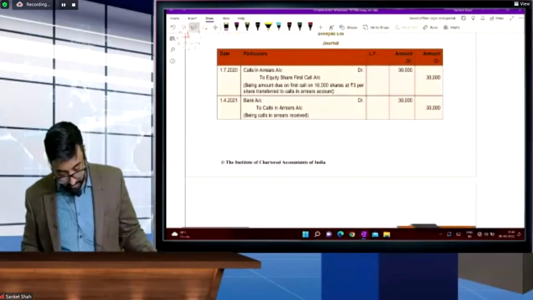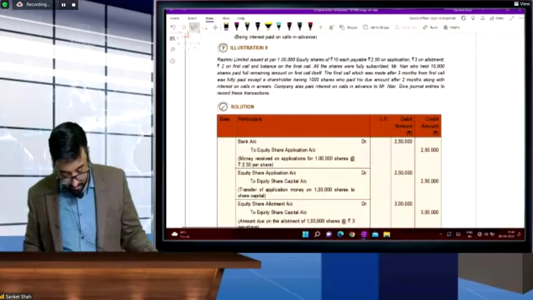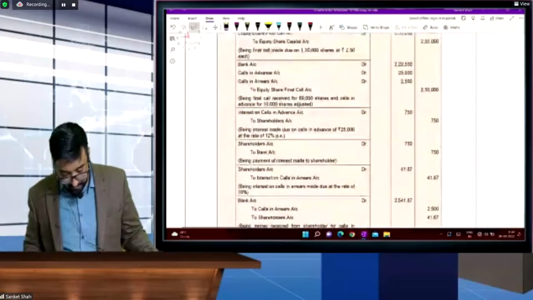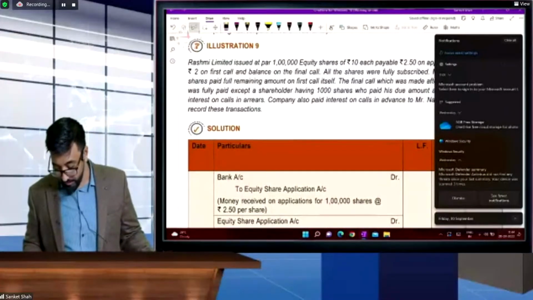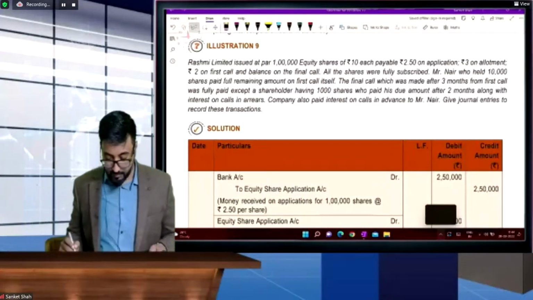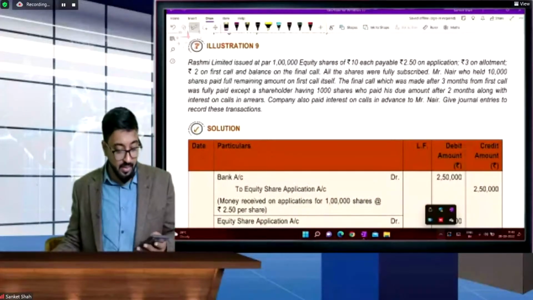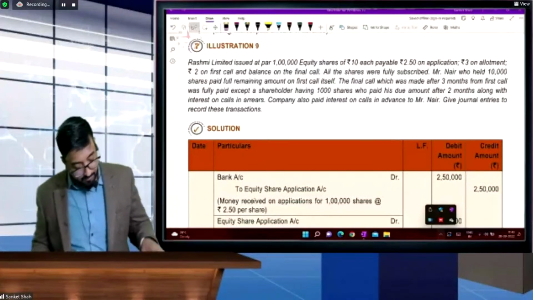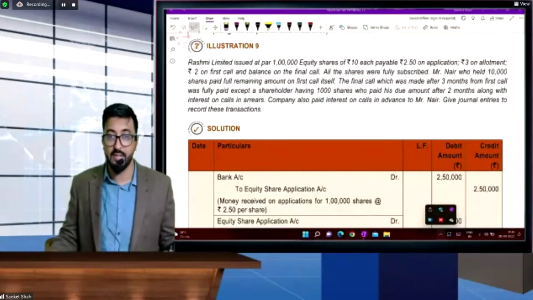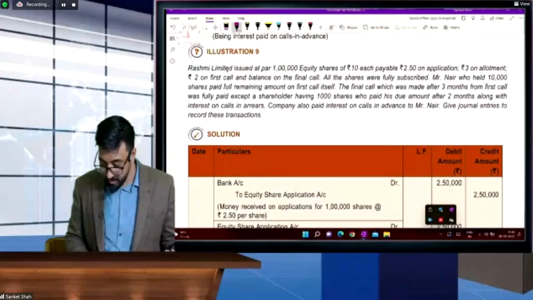Okay. So we are going to solve one illustration, that is number 9. Let's solve illustration 9 before a break and take a break immediately. It is easy, very easy. Yes, tell me, you have to revise this session. Sequence went wrong, no problem beta. Now you understood. I will tell you the sequence now, how to solve this question. Rashmi Limited.